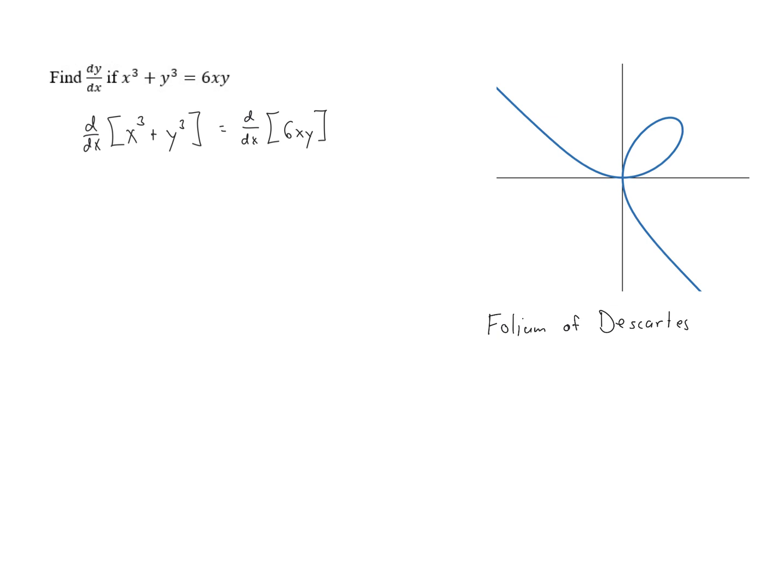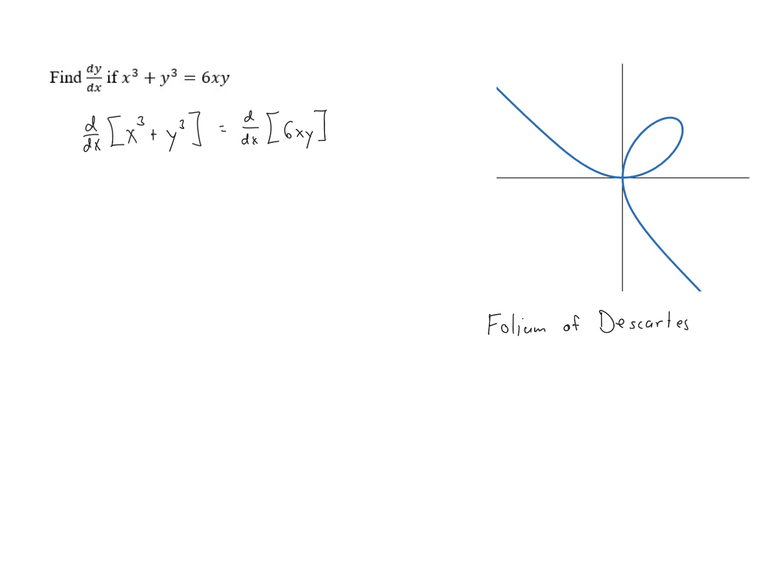But the thing we have to be careful about here is to recognize that we are differentiating with respect to x. And because we're looking at the derivative, which is the rate of change of y with respect to x, we are going to consider y as a function of x. Y is not just a variable, it's actually a function of x.